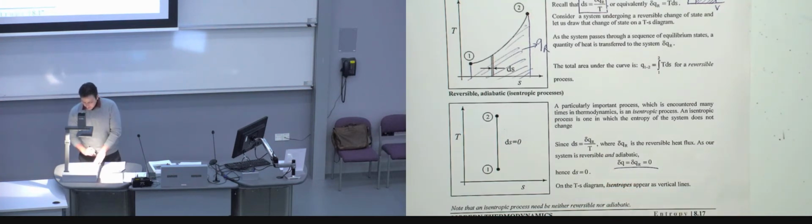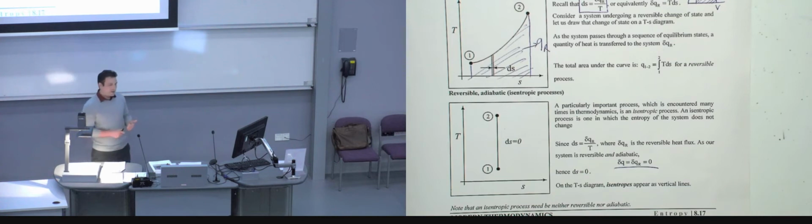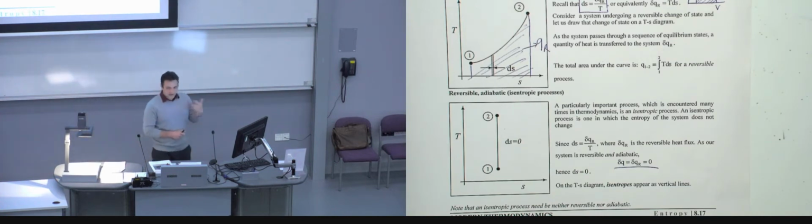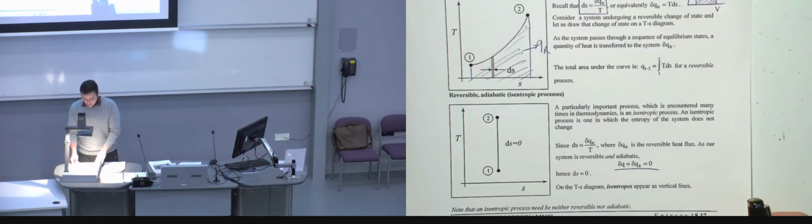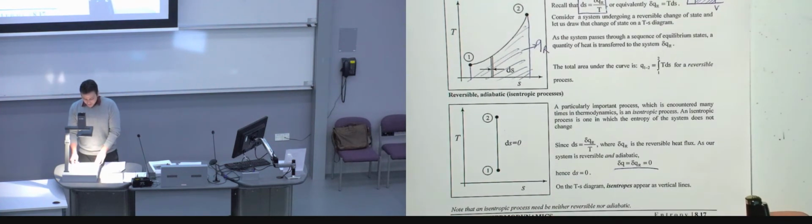So dS will be equal to 0. If you combine reversibility with adiabatic conditions, it's natural that you end up with zero change of entropy, and your line on the TS diagram would be a completely vertical line. We'll see this in an example where we look at a heat engine, and you see exactly how an isentropic process is represented on the TS diagram.